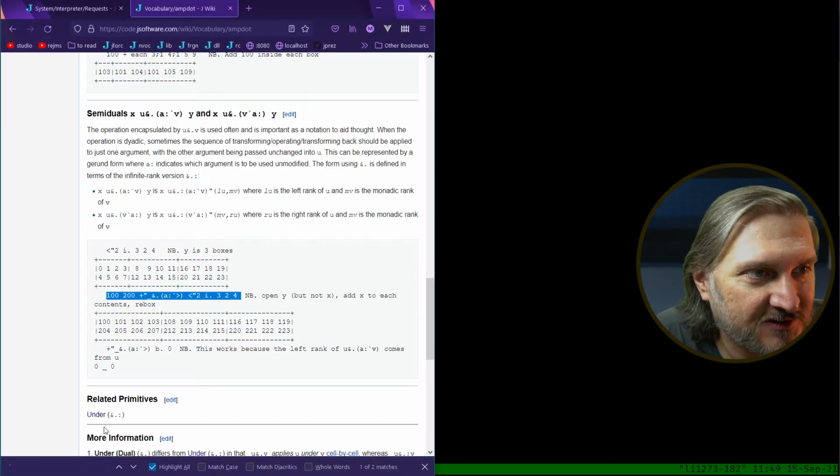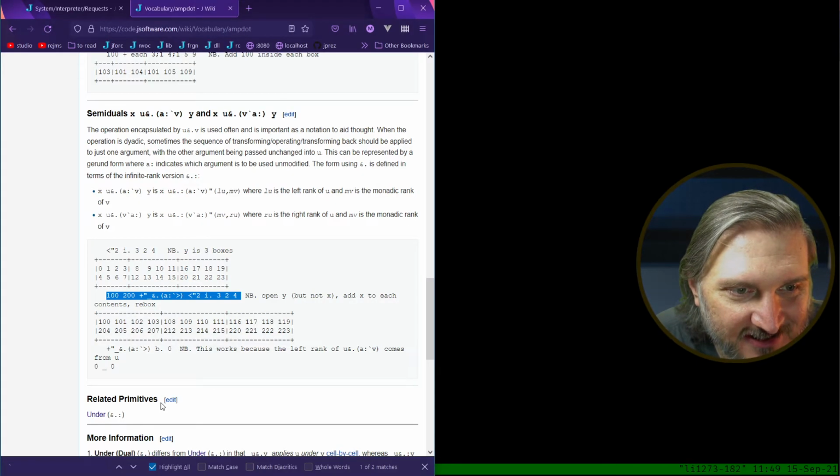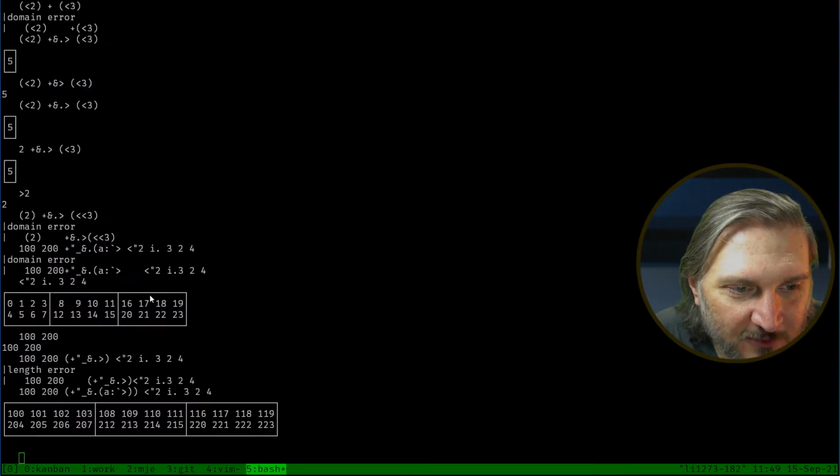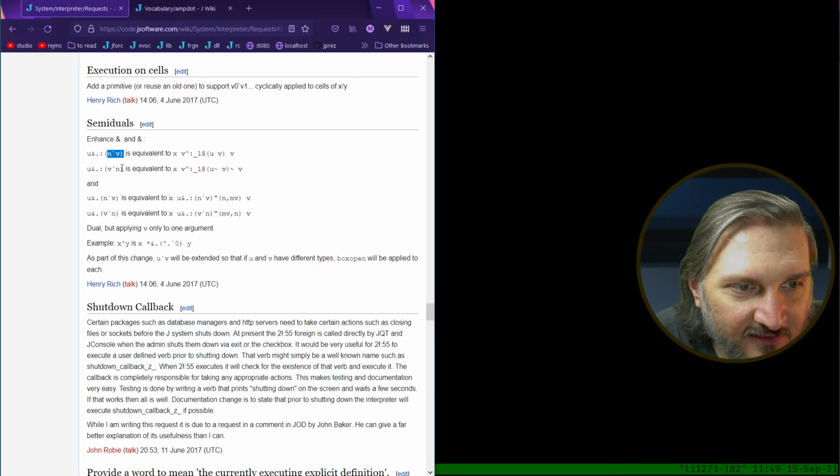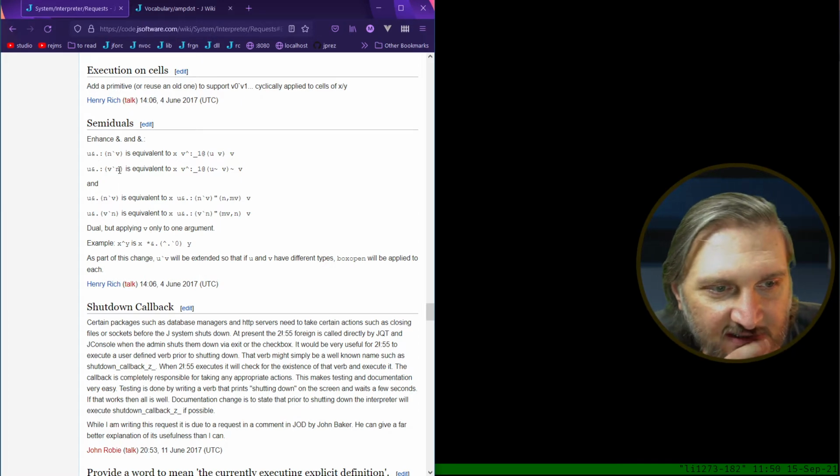In any case, that's what a dual is. I'm not sure I did a very good job of this, but you apply the unboxing operator to only one side. So anyway, the request is to allow passing in an n, a noun, as opposed to just the empty box.